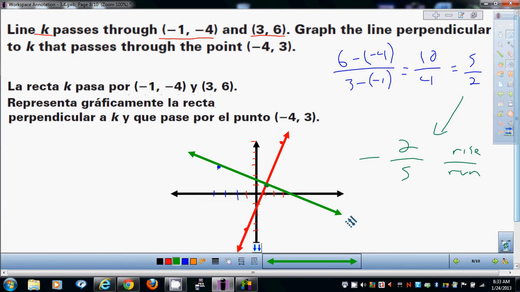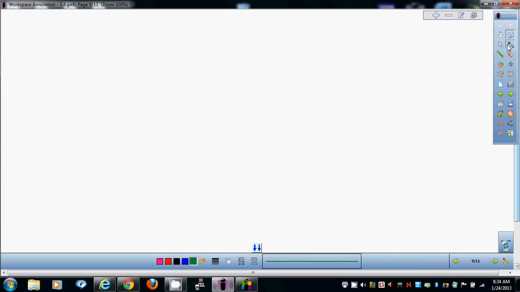Here's a quick thing. We're just going to write down some perpendicular slopes. What would be perpendicular to -3/7? Change the sign. So +7/3. You always just change the sign.